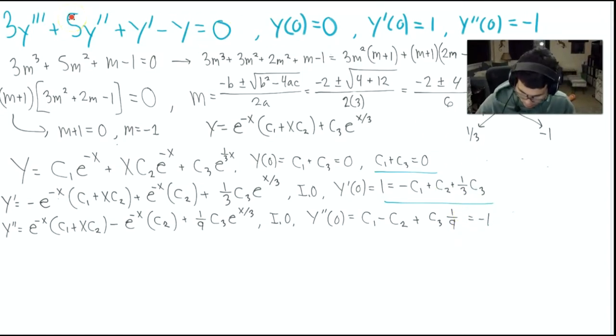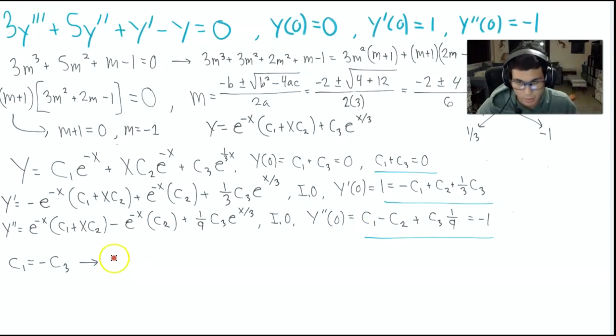Okay, so now we have these three equations. They're all underlined. And we need to use these three equations to solve for our three constants. Okay, so I have this equation purely of just two variables, which makes it nice where I can use this to make a substitution to try to turn one of these equations just into an equation of two variables. Okay. C1 is equal to negative C3.